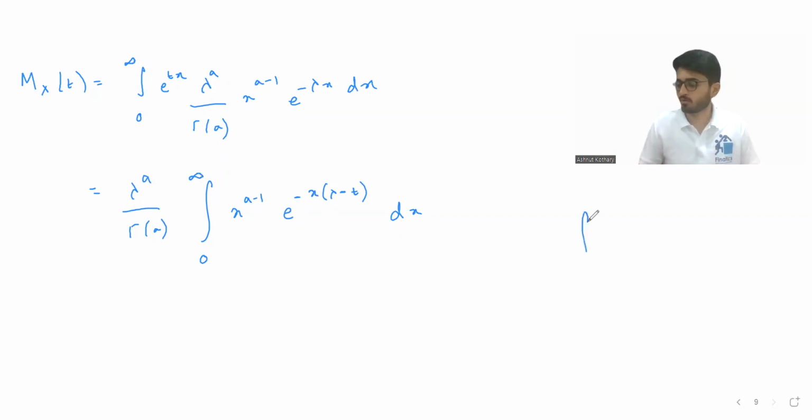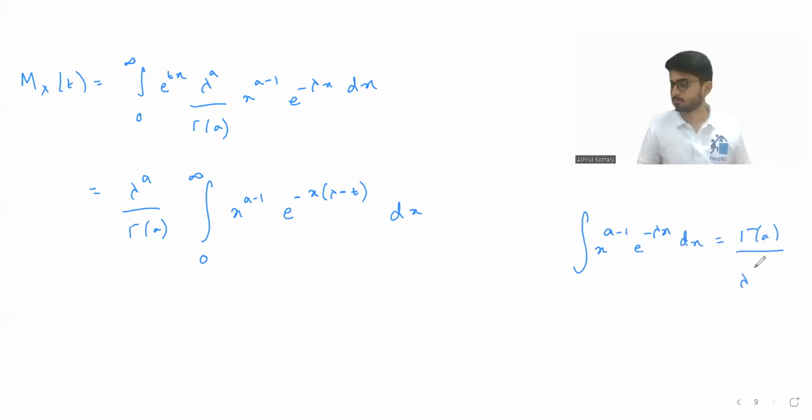If you remember, or if you refer to it, this was the result of the gamma integral. Here alpha was positive, lambda was also positive, so the coefficient of x was positive.